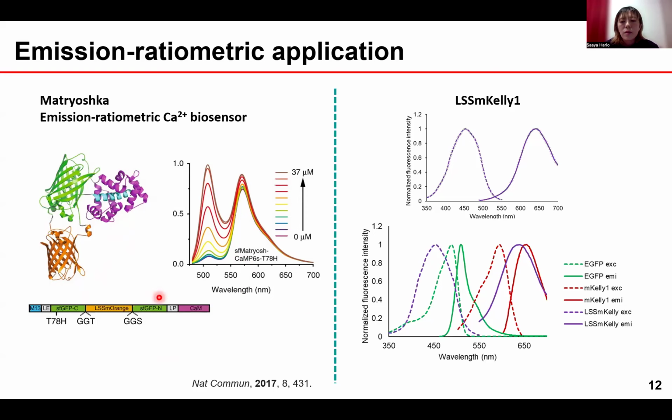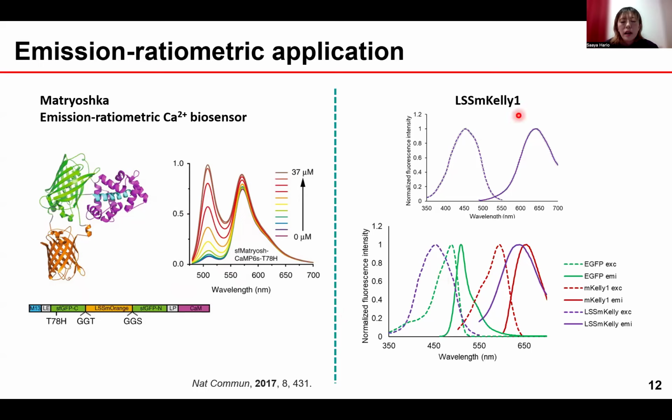Although LSSmOrange emission is constant compared to the GFP emission, it is not completely independent from calcium concentration. I hypothesize that this can be improved by creating an FP with an even longer Stokes shift.